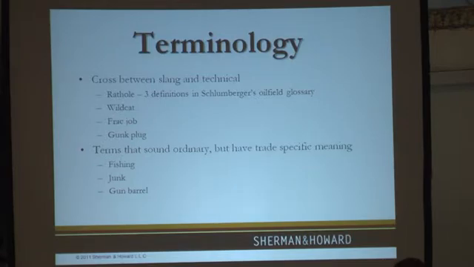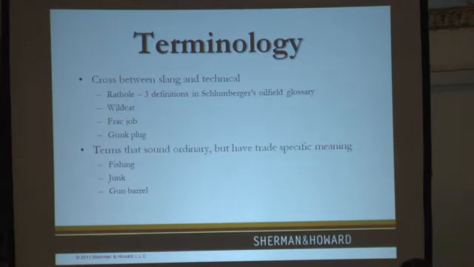Rat hole is an example of something that's used commonly, but there are 3 different definitions in Schlumberger's glossary. One definition is a bigger hole that's drilled at the surface to fit all of the drilling apparatus down lower into the ground. And then a couple definitions are little holes drilled outside the main hole down lower in the oil well.